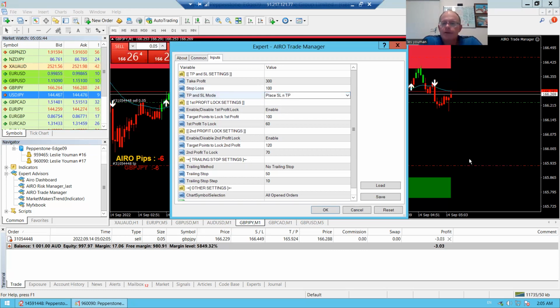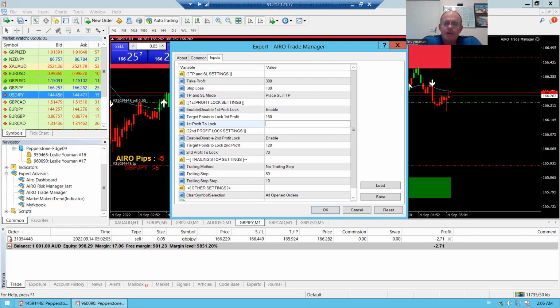So profit lock. So this was a 300 point take profit. So I'm going to go with about half of that, 150, and get it to lock in 10 pips of 20 pips of profit.